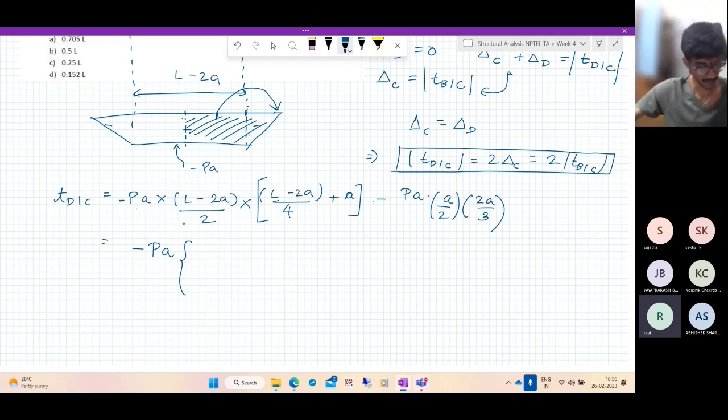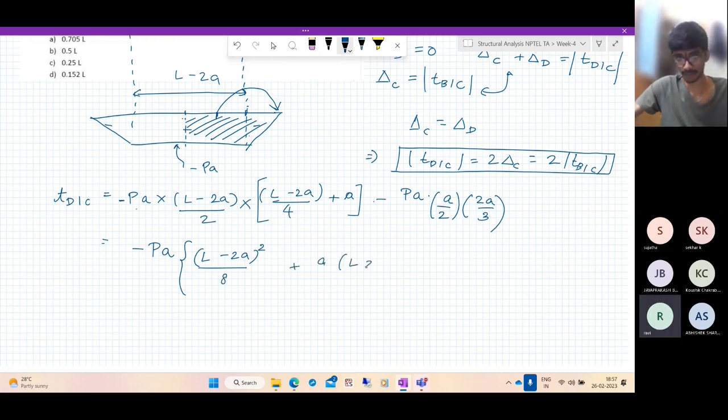You will get minus PA into L minus 2A the whole square by 8 plus A into L minus 2A by 2 plus A square by 3.